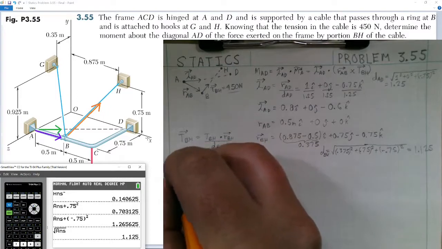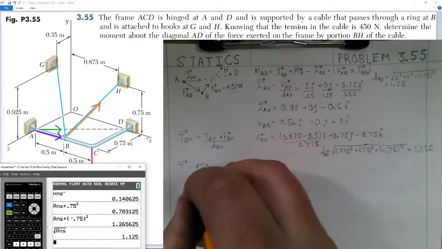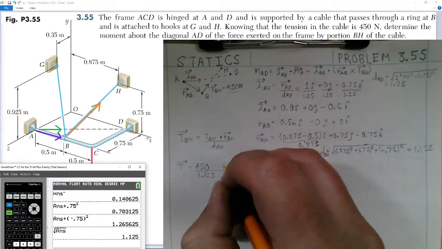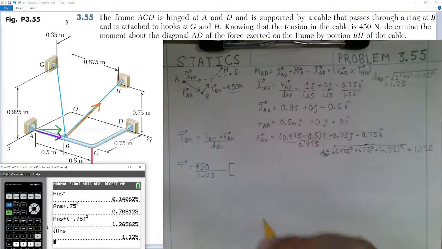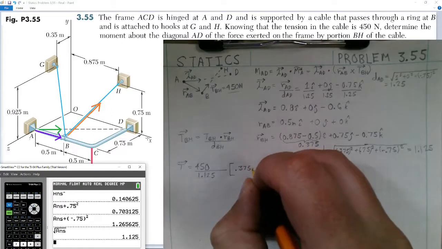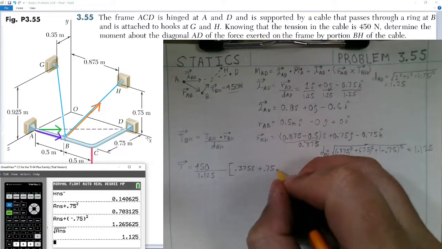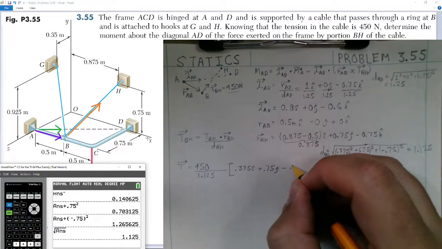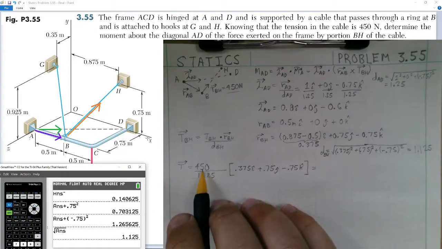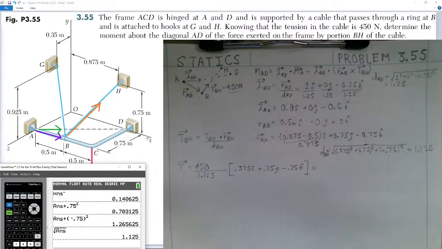So our tension vector, substituting these values in, is equal to 450 newtons over our distance, 1.125, multiplied by our position vector of 0.375 i hat plus 0.75 j hat minus 0.75 k hat. Now we're going to divide these two numbers and then multiply by each one of these coefficients for the i, j, and k directions, x, y, and z directions.